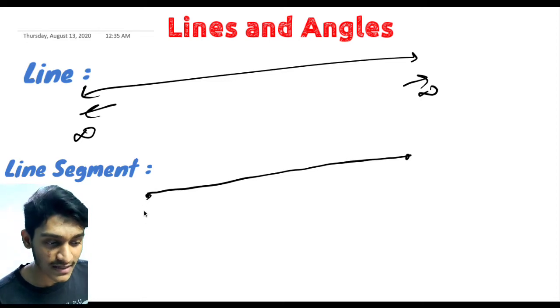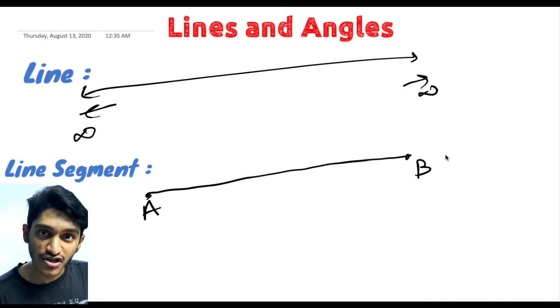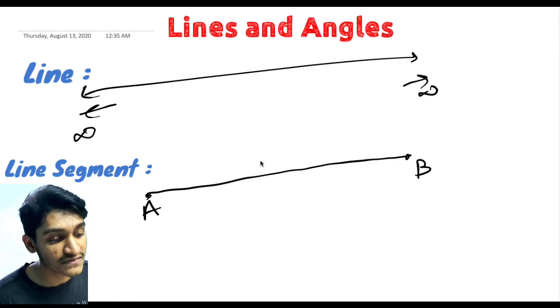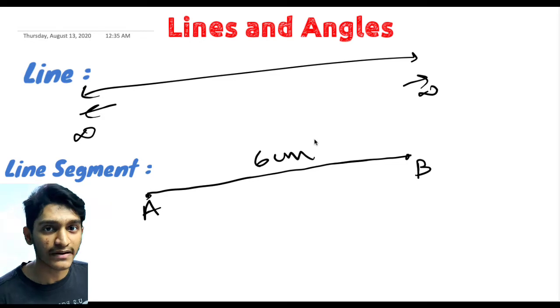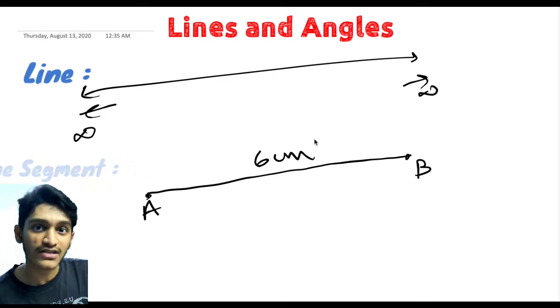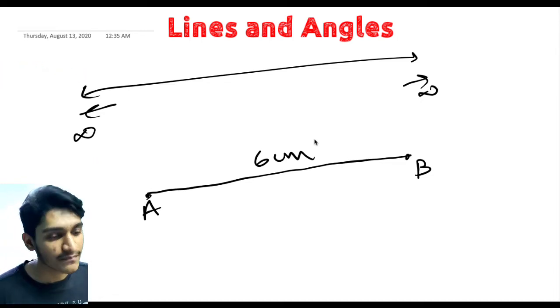Suppose I mark this point as A and this point as B, then AB is a line segment which can actually be measured. When you take your scale and place it under this line AB, if you can measure a length of 6 cm, then it is very well called a line segment. Why? Because you can only measure a line segment and you cannot actually measure a line. A line is extending on both sides towards infinity.